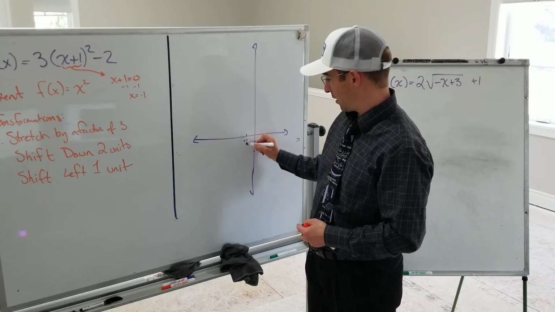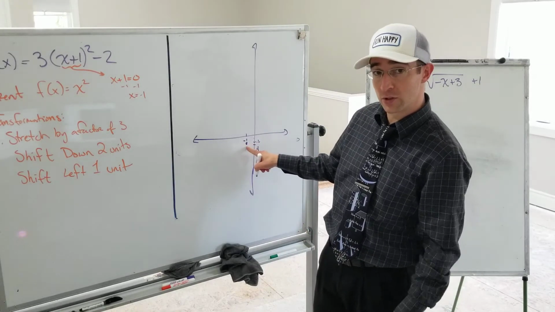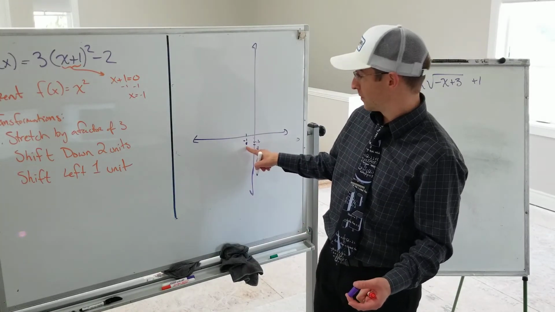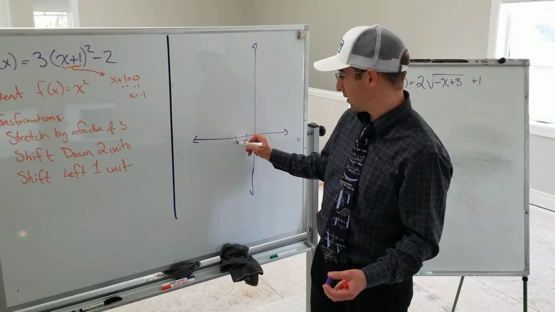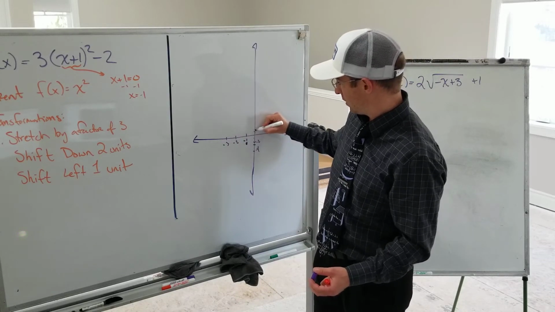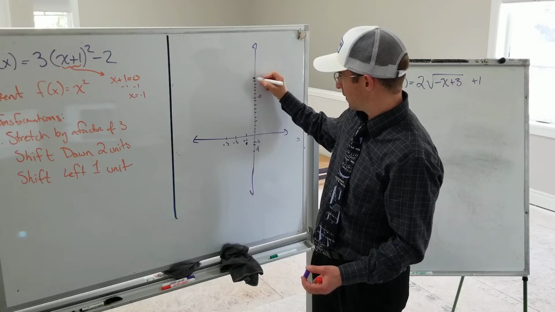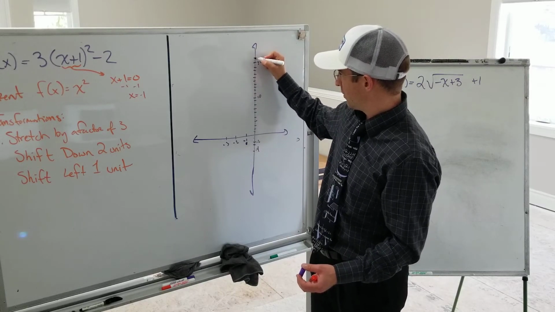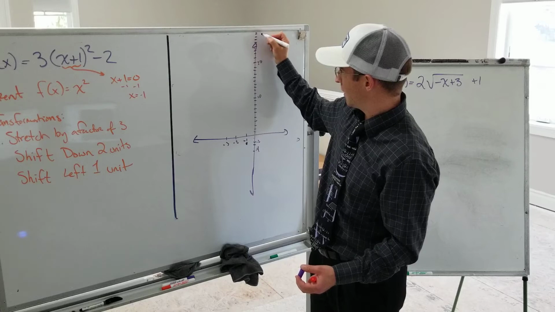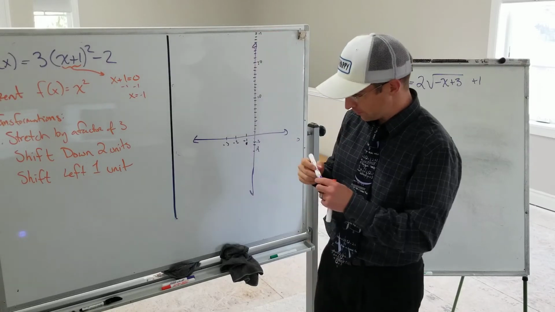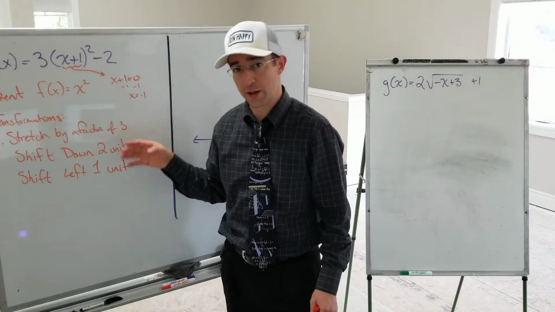So we have a point right here at -1, -2. That's our vertex. And then we've got to apply this vertical stretch by a factor of 3.